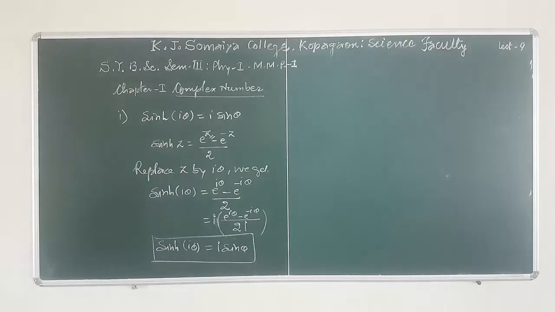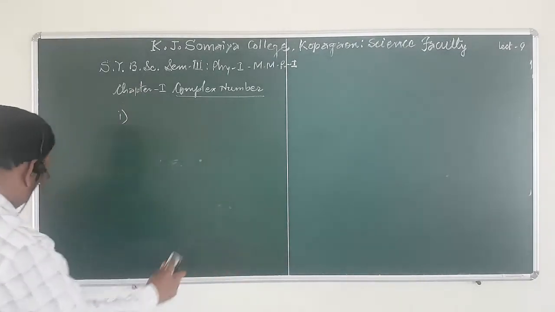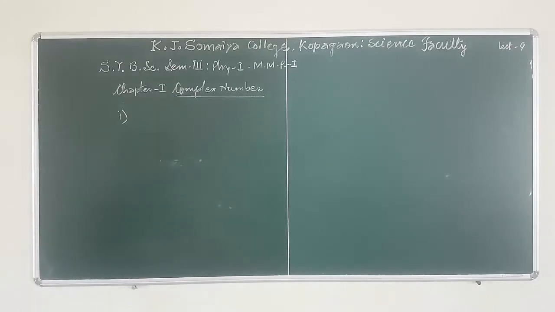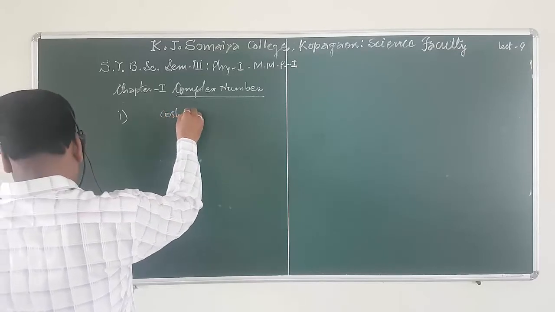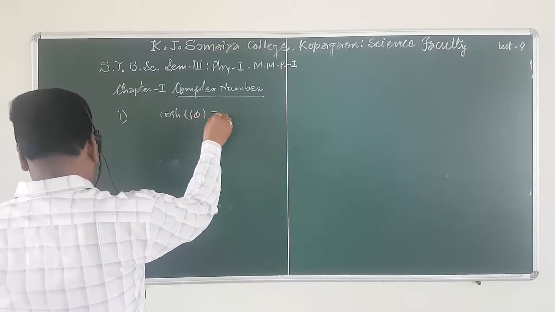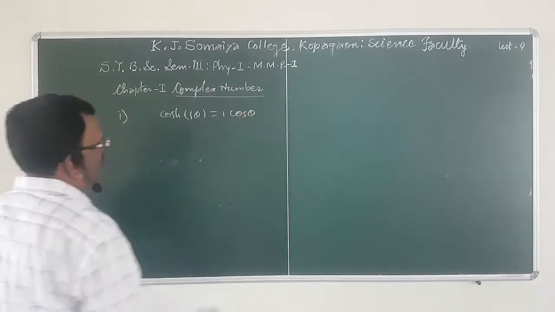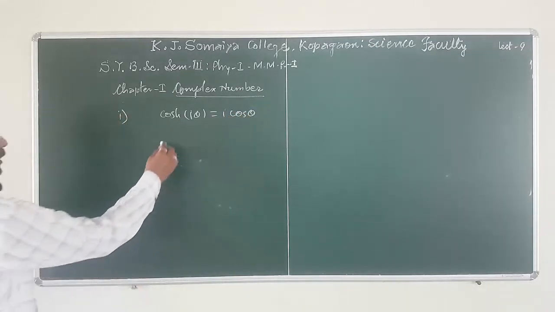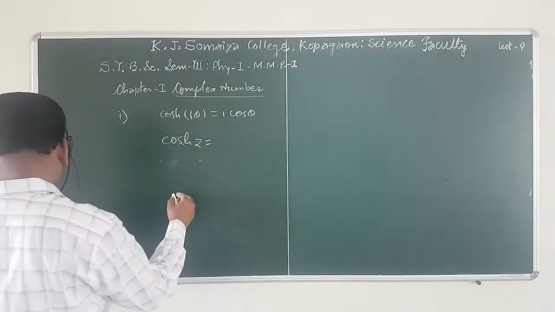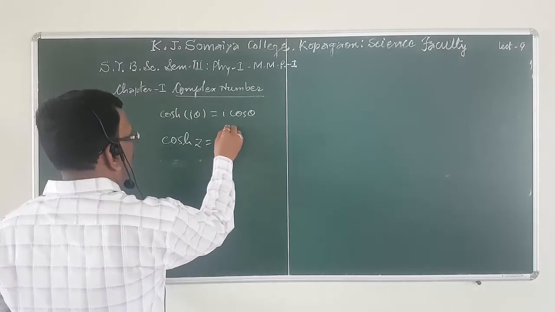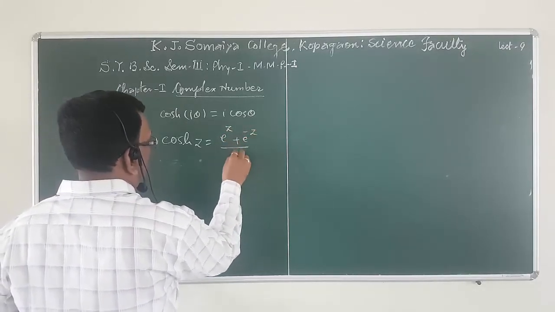Now, the second important identity. Show that cosh i theta is equal to cos theta. Again, consider the function cosh z is equal to e raised to z plus e raised to minus z upon 2.